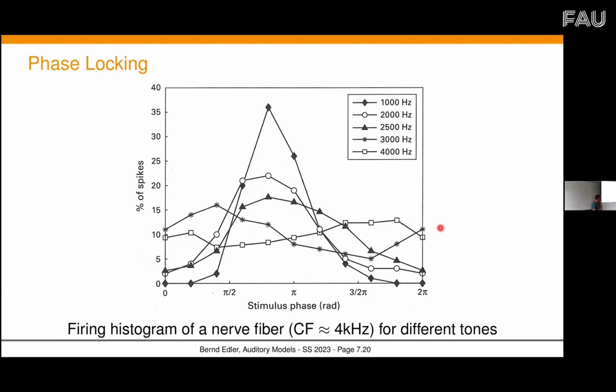So the spikes are now more or less randomly distributed over the positions in the periods of this 4 kilohertz tone. And that corresponds to some extent with what I showed before about this potential of the outer hair cell membrane, because once this is more or less constant, the firing rate would also be kind of continuous.